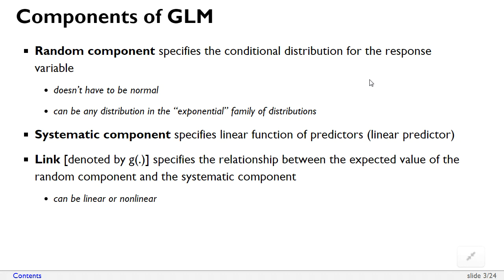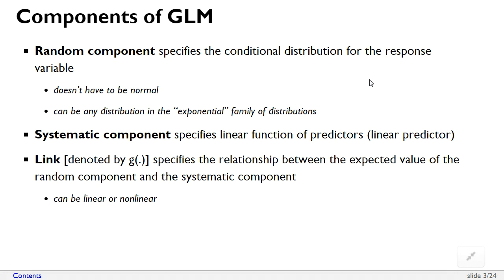The conditional distribution means it's the distribution conditional on one particular set of values of the predictors. And that's what has to be normally distributed in a linear model.